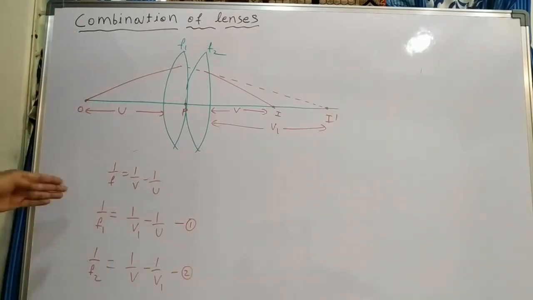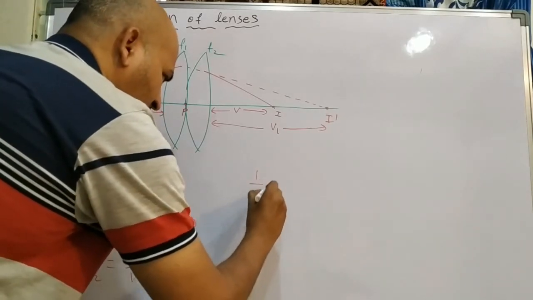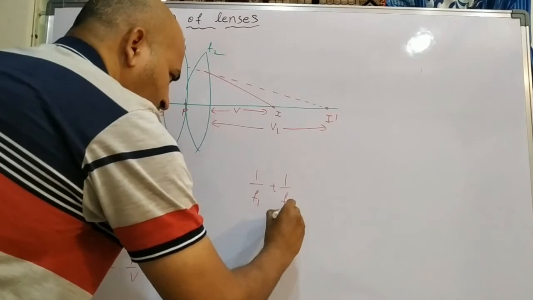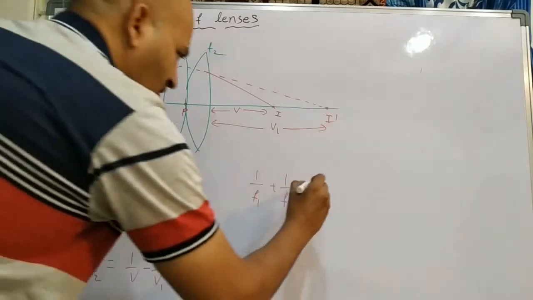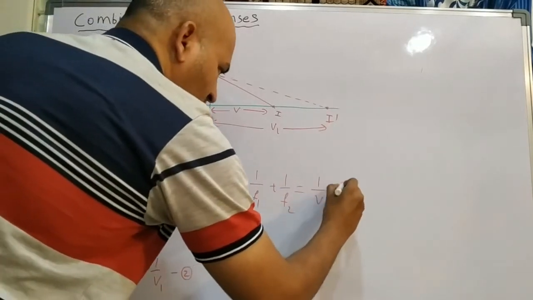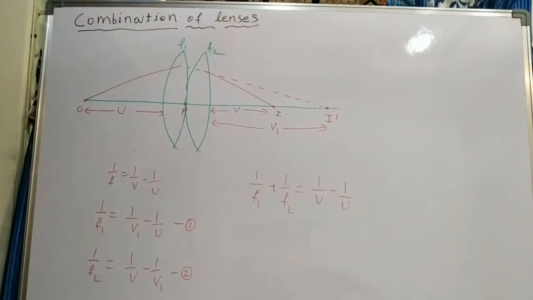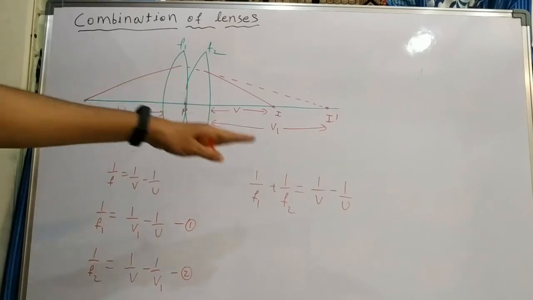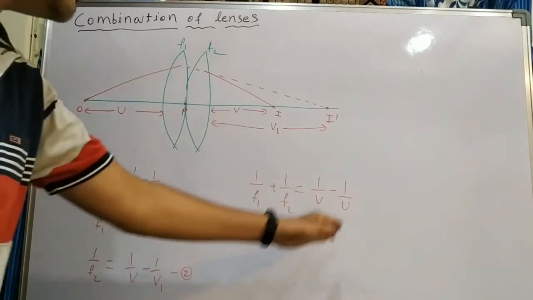If you add these two equations, then what do you get? 1 by f1 plus 1 by f2 on the left side, and on the right side, 1 by v1 minus 1 by v1 get cancelled, and finally you get 1 by v minus 1 by u. What is u? The object distance. And what is v? Finally where the image forms. So that gives a resultant focal length.